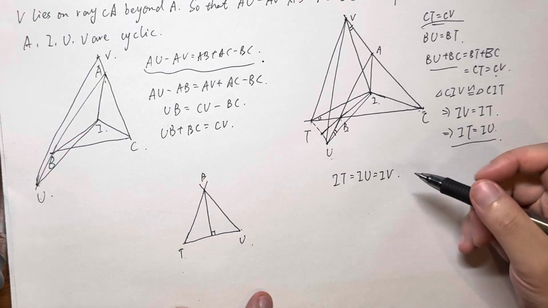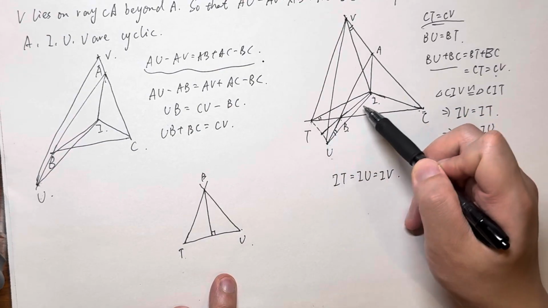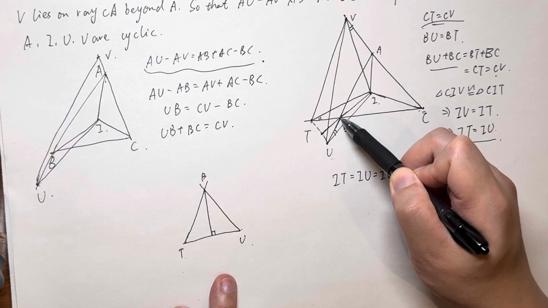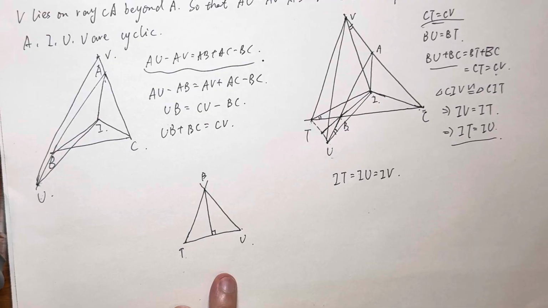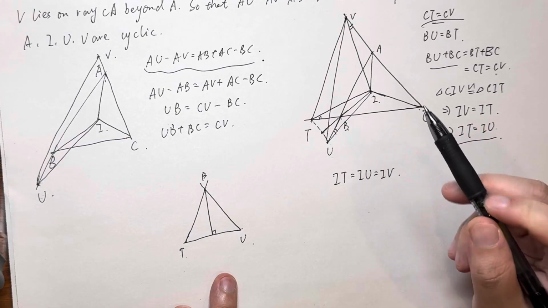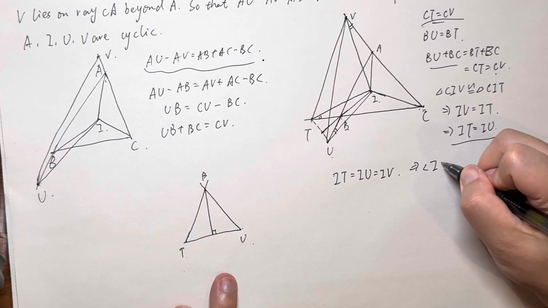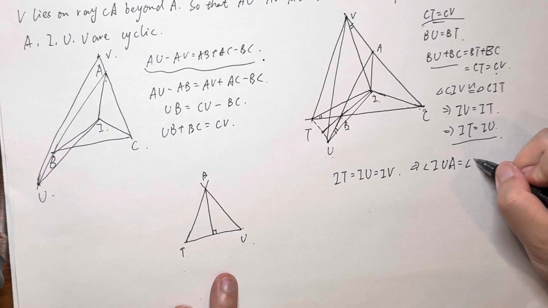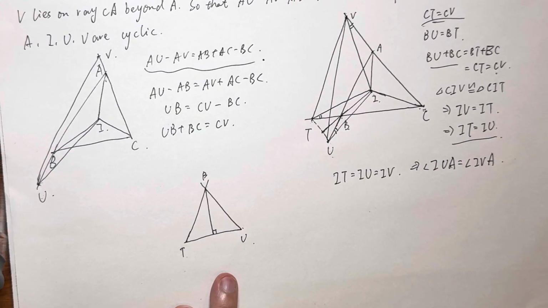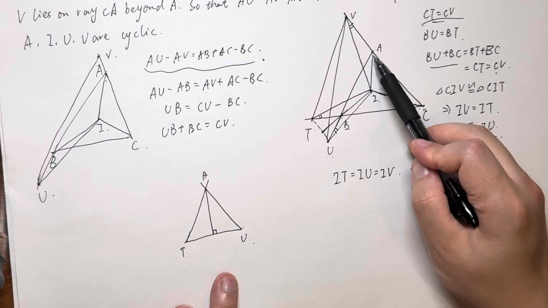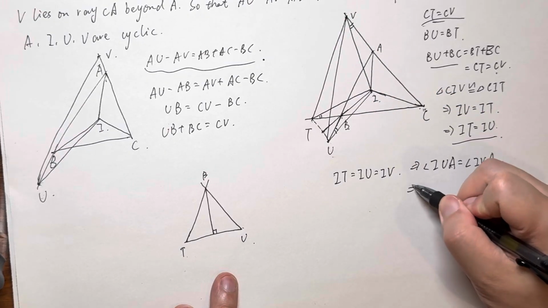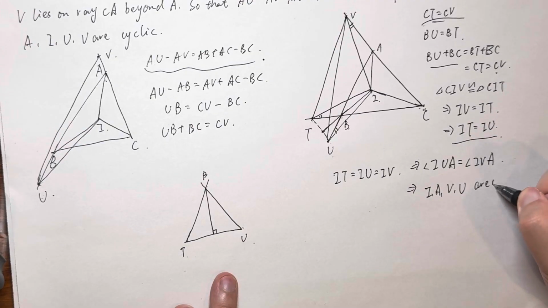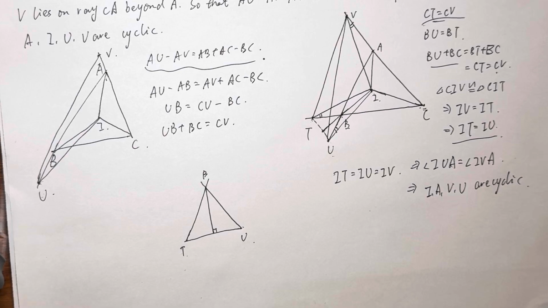Many methods we can prove this, right? We can just prove that triangle IBU is congruent to triangle IBT. Very easy to prove that. So this angle equals this angle, which means angle IUB, or IUA, equals angle IVA. The angle IUA equals angle IVA. That means I, A, V, U are cyclic.